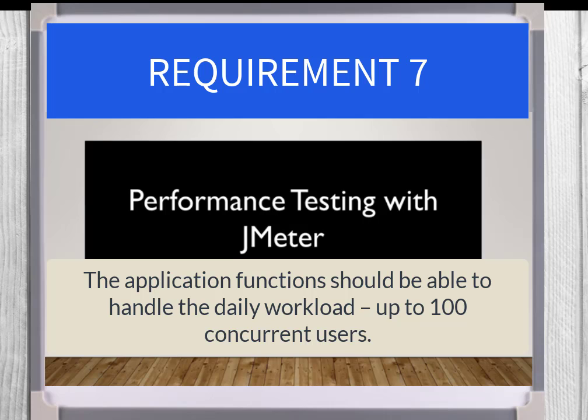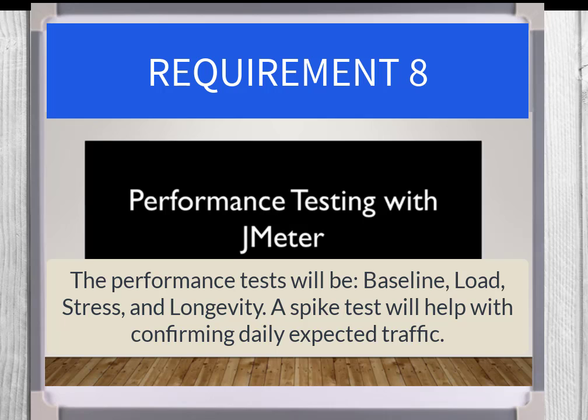The application function should be able to handle the daily workload, up to 100 concurrent users. Requirement number 8. The performance test will be baseline, load, stress, and longevity. A spike test will be helpful with confirming daily expected traffic.